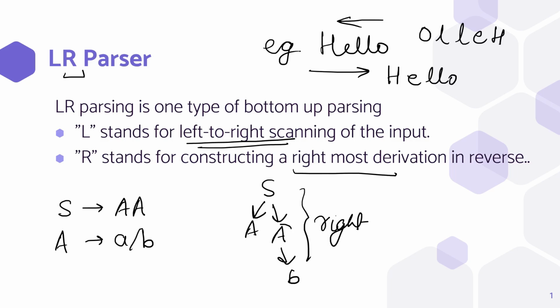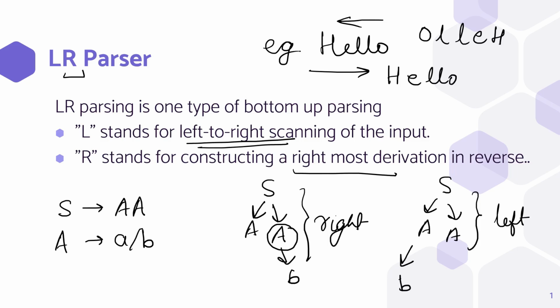Because I chose the right A to open or to expand. That's why it is called rightmost derivation. If I chose the leftmost part for deriving, then it would be called leftmost derivation. So LR parser uses leftmost derivation, means this one.